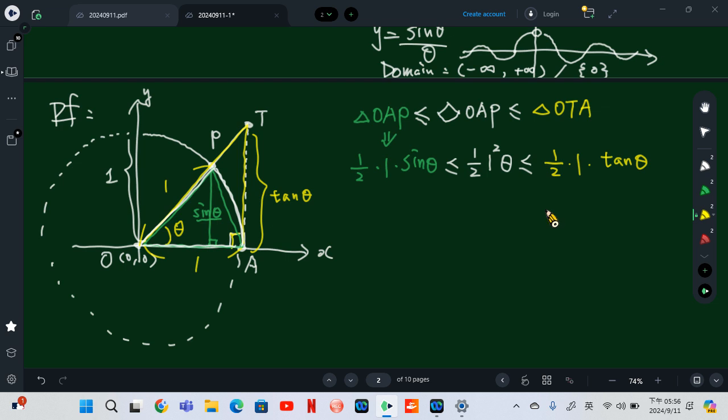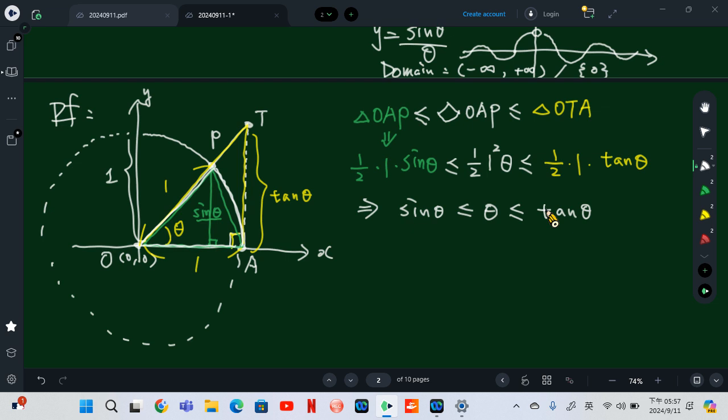After some simplification, we can get sine theta less than theta, then less than tangent theta.